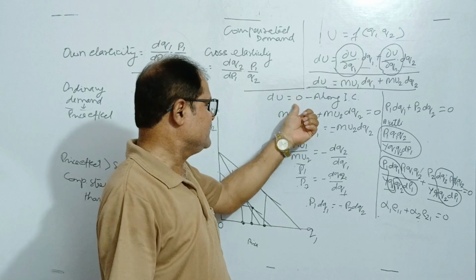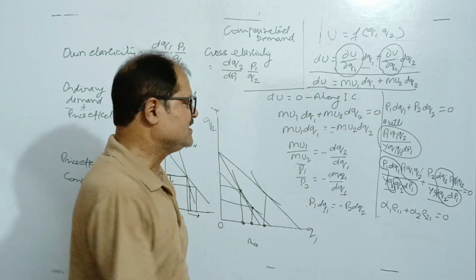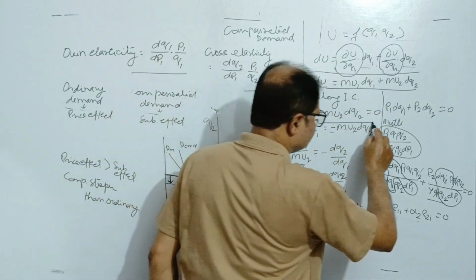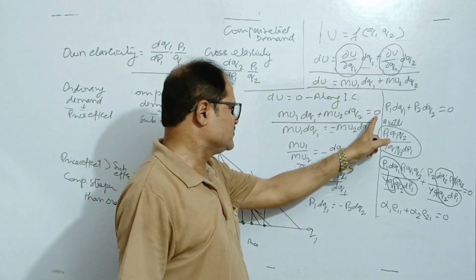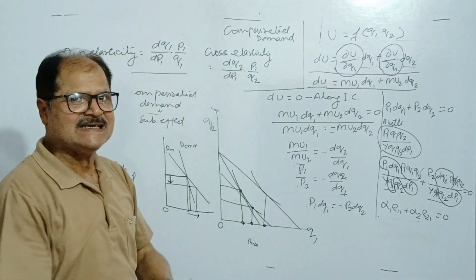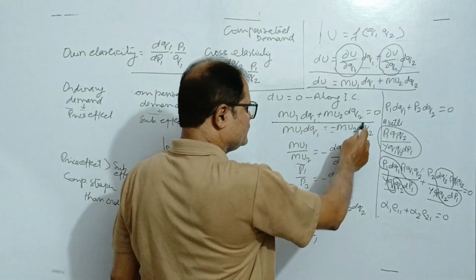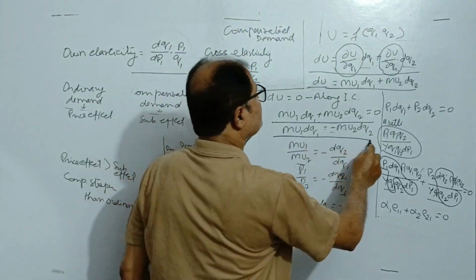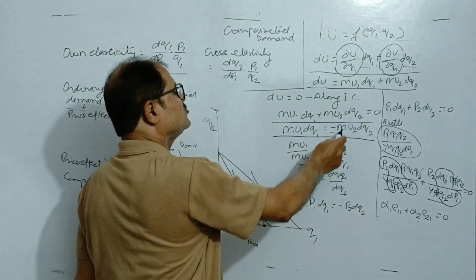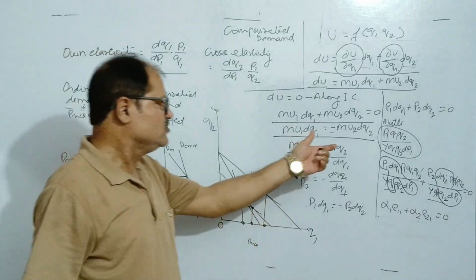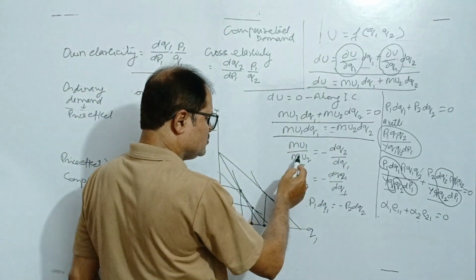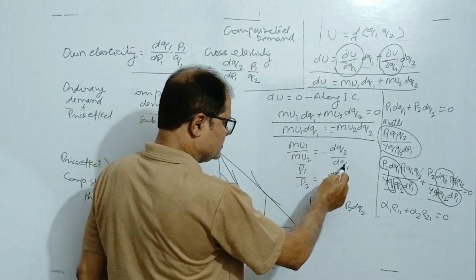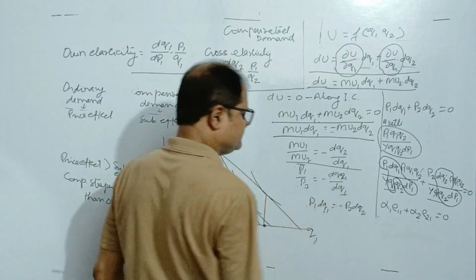We put this value in this expression and get this one. Since du becomes 0, this plus this is equal to 0. Changing the sides of these two, we get this one. mu1 dq1 is equal to minus mu2 dq2. Taking this to this side and this to this side, we get this one.